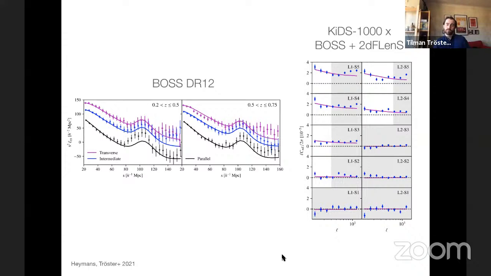The reason for graying out in certain angular multipole ranges is that because we use that perturbative model for the galaxy bias, we can only push that to a wave vector of like 0.3-ish h/megaparsec. And above that, we don't have a good enough model to really push into that nonlinear bias regime for the galaxy lensing. Hence, we need to discard that small angular scale information. So it's basically these parts here.